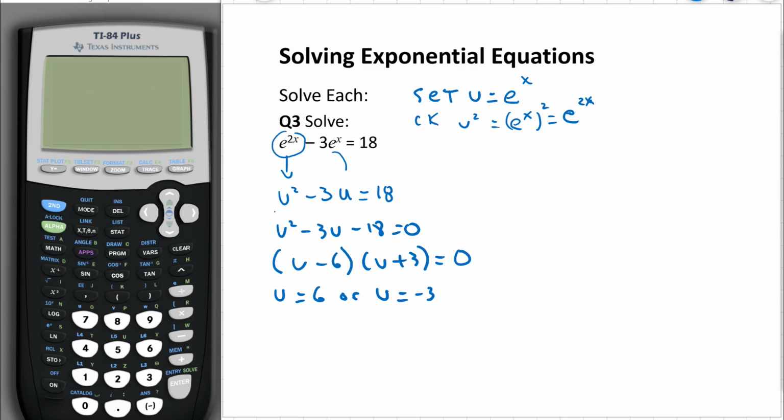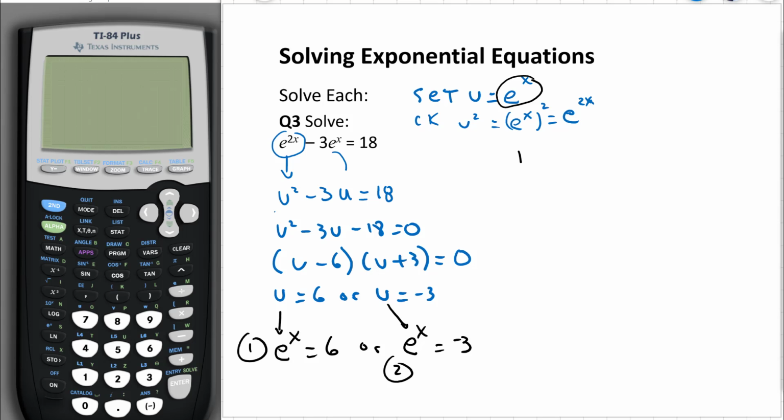What is u? I'm going to switch back now to my x solution. I substituted in u at first, but now I'm going to switch back to what I really need: e to the x equals 6. Or switch this one back, e to the x equals -3. So I have two equations to solve for x, but because of the u substitution, it boiled down to two simple equations.